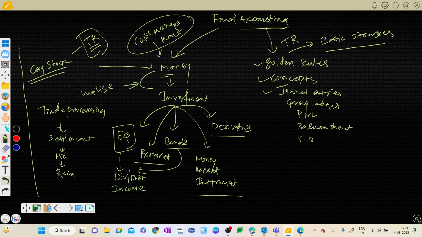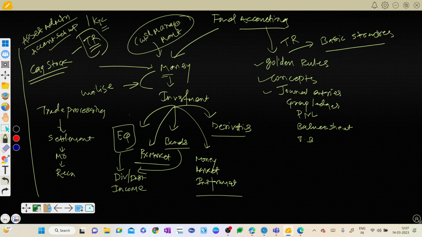So you might see asset admin, account creation or account setup, or KYC. These are the different teams that might come into the picture when you see this particular fund accounting business.